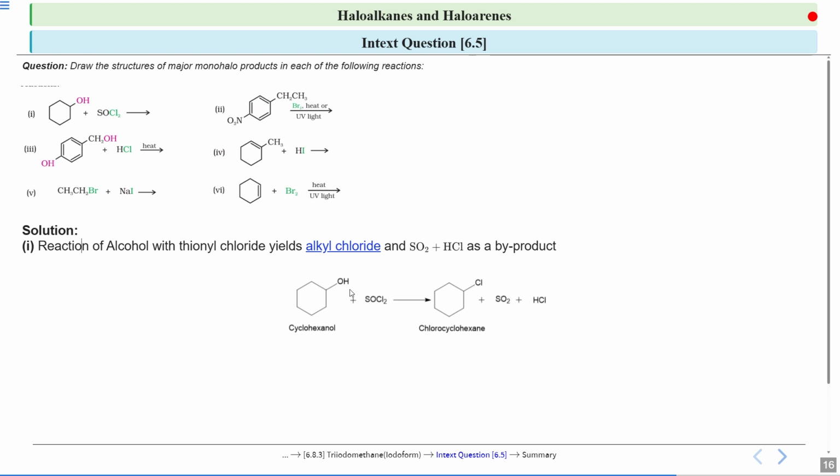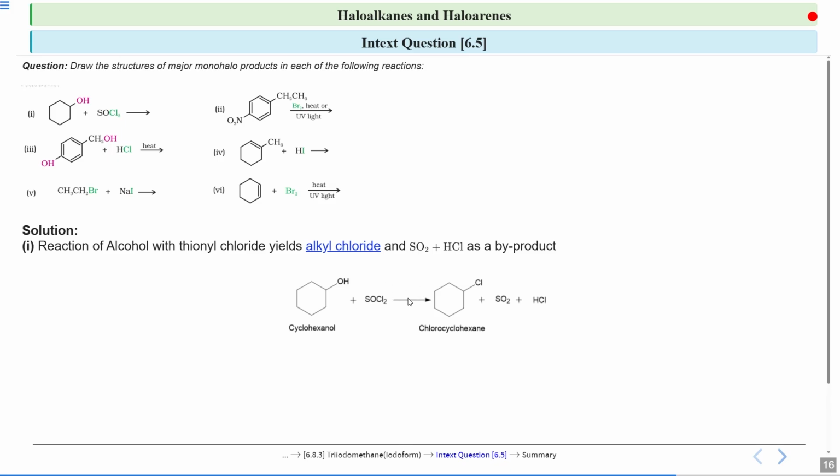If you want to know the mechanism, this reaction happens by the attack of SOCl2 on this oxygen. This oxygen has lone pairs, so it is going to bond with this sulfur. The SOCl2 structure is S double bond O, and S is also bonded with two chlorines.